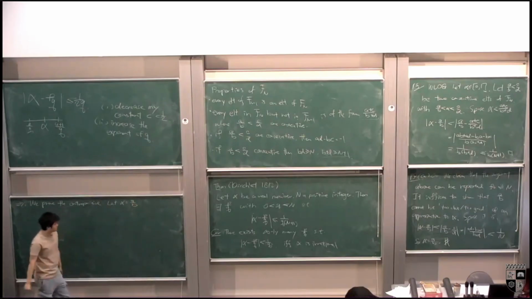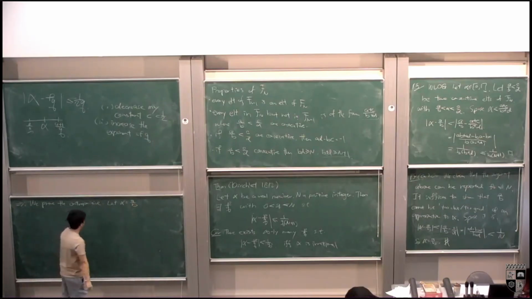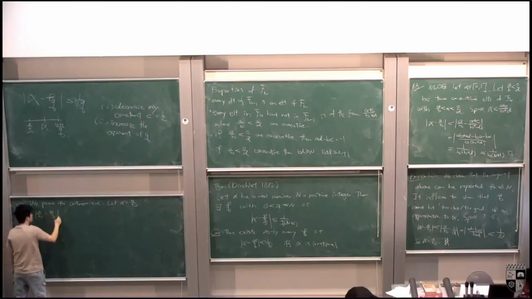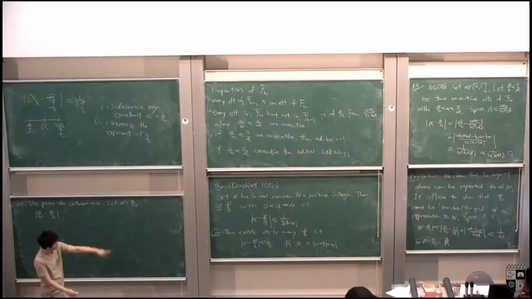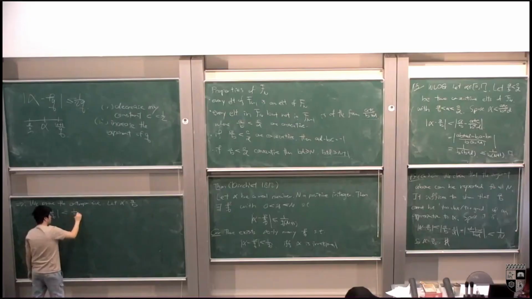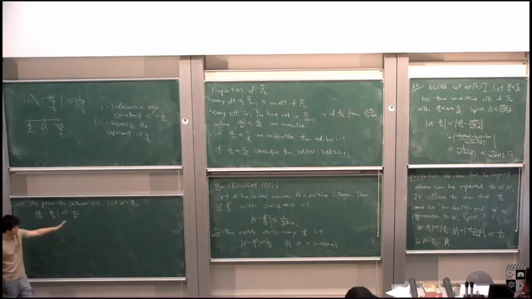Let alpha be A over B, then A over B minus P over Q, by Dirichlet's theorem, has to be always lesser than 1 over Q squared. This is just from Dirichlet's theorem.